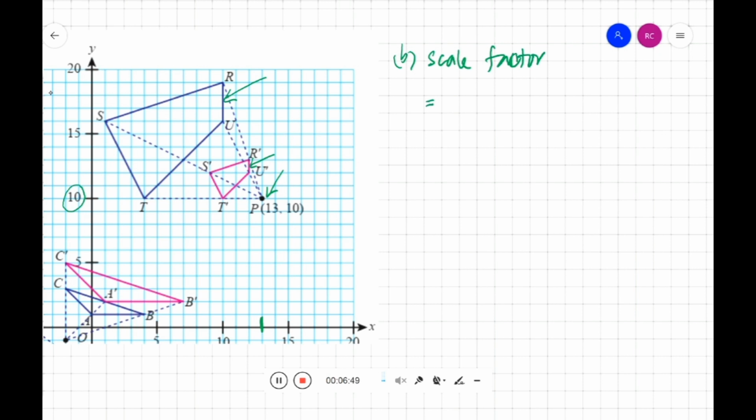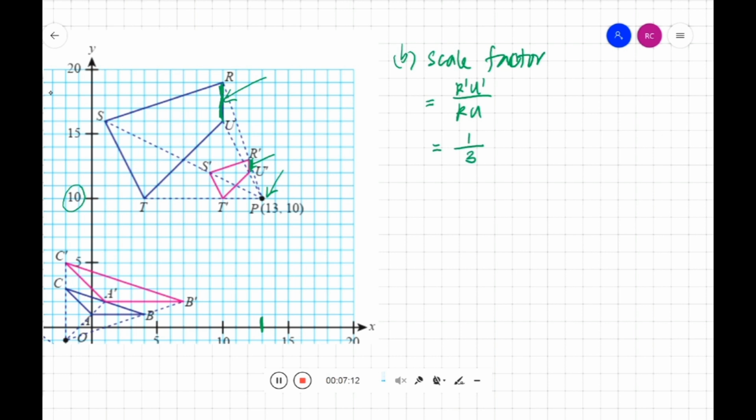So over here, we are going to use R prime U prime over RU. Okay, so R prime U prime, this one you can see, it just consists of one box over there. Over the RU, we have 1, 2, 3 boxes over there. So directly we got the scale factor, which is 1/3 already.